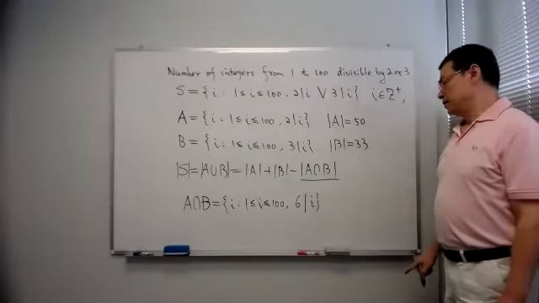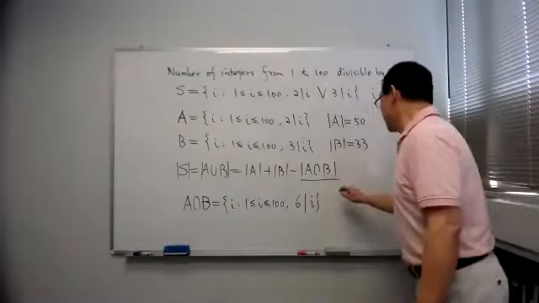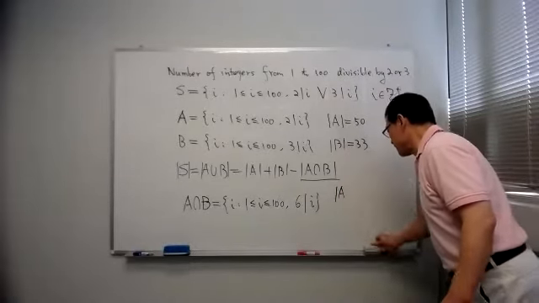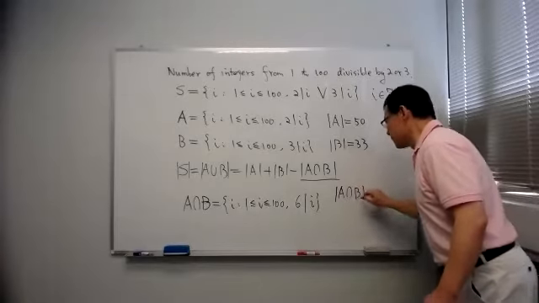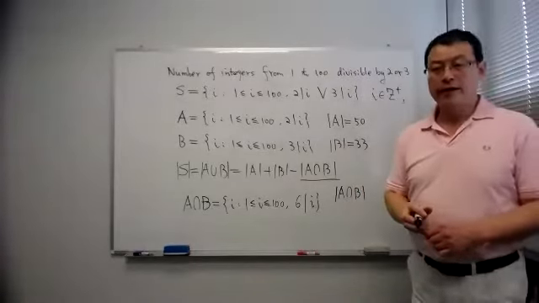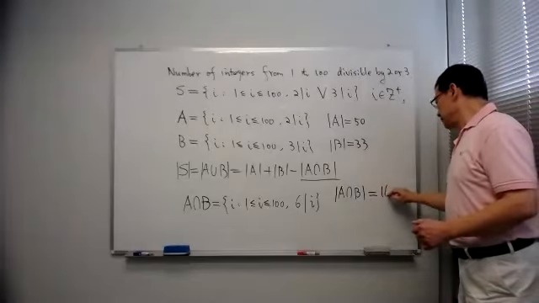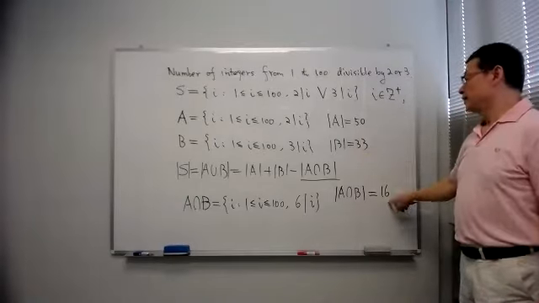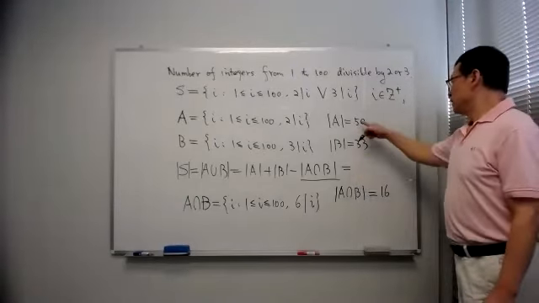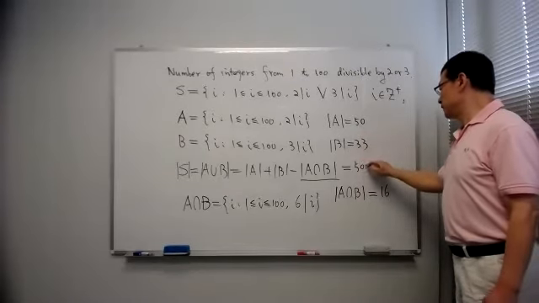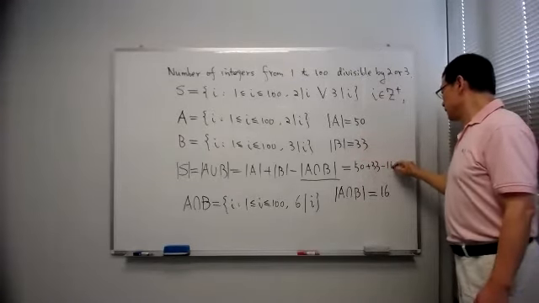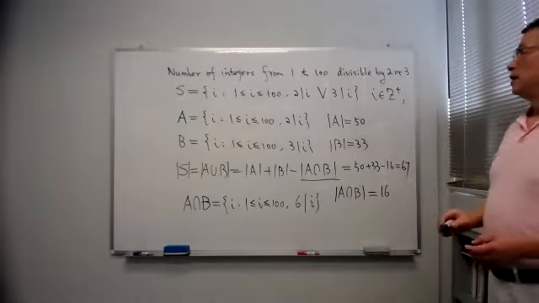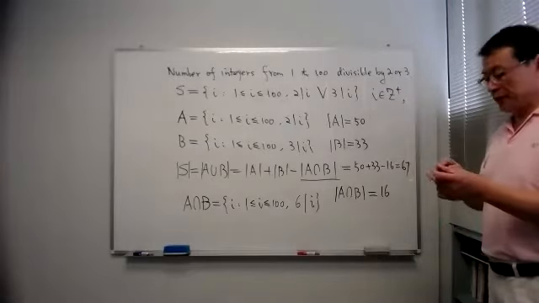So this set is A intersect B. The number is 100 divided by 6, take the floor, it's 16. So the total number will be the summation, 50 plus 33 minus 16, which is 67. So that's one way to do it.